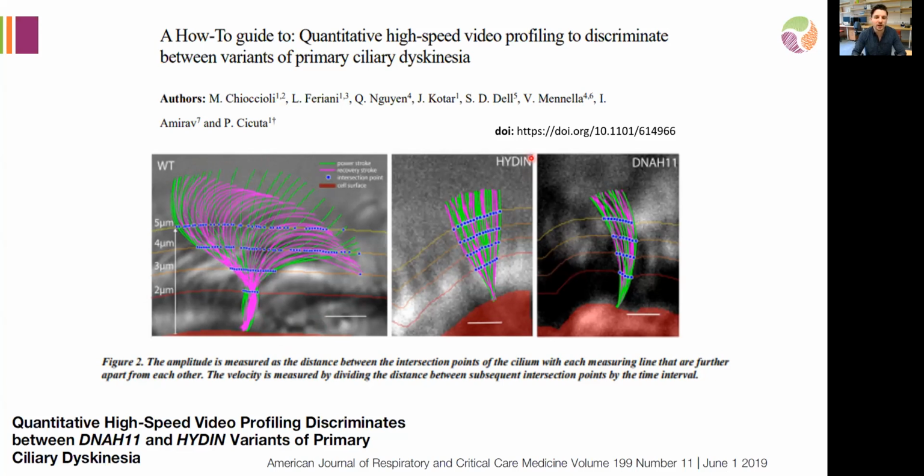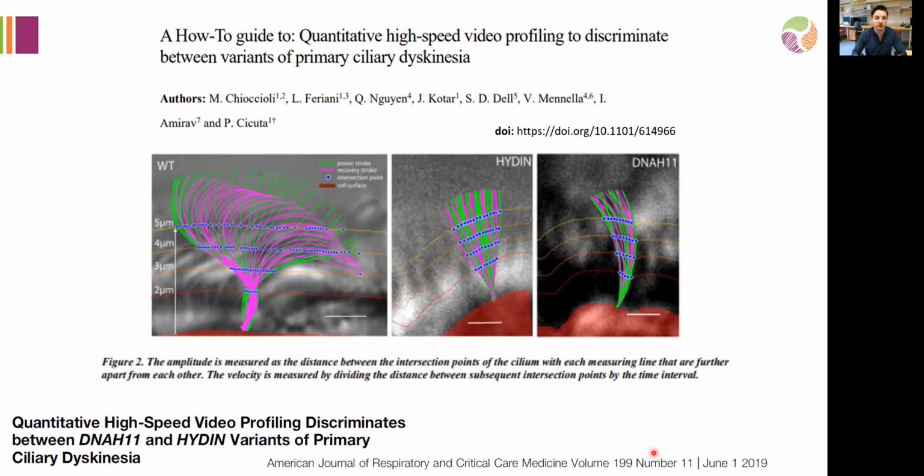And we can see here that both IDIN and DNH11, which are associated with normal ultrastructure, and sometimes even a higher frequency than normal, were associated with this really reduced amplitude. And by reducing the amplitude, you actually allow the cilia to beat faster, because with the distance reduced you can have the same velocity and higher frequency. So that's pretty much the highlights of the waveform paper.